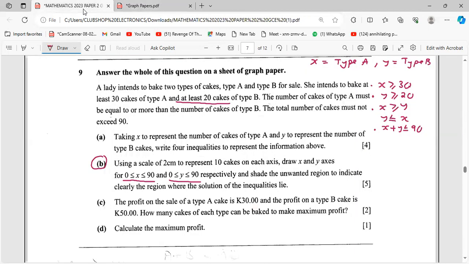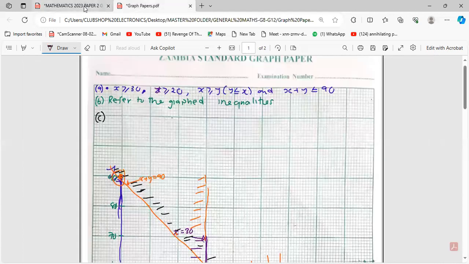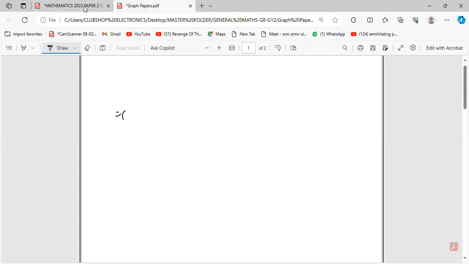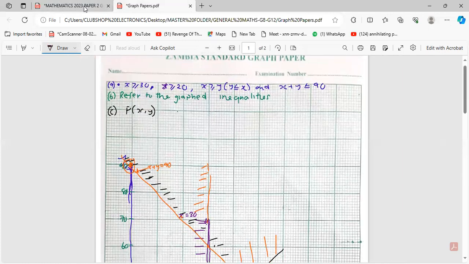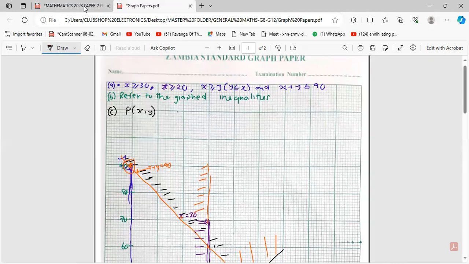So for C, we are saying the profit on a cake of type A is 30, and type B is 50 kwacha. How many cakes of each type can be made to make maximum profit? So we are going to use the objective function, which is profit equal to ax plus by.